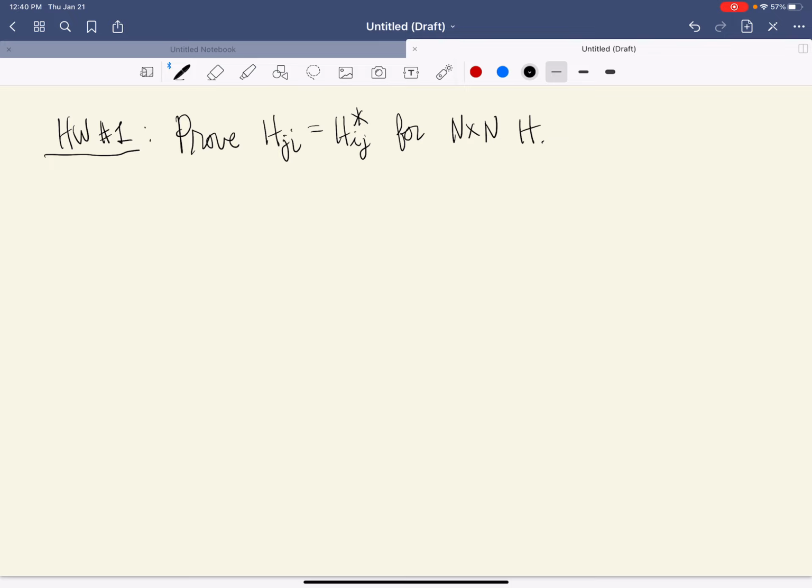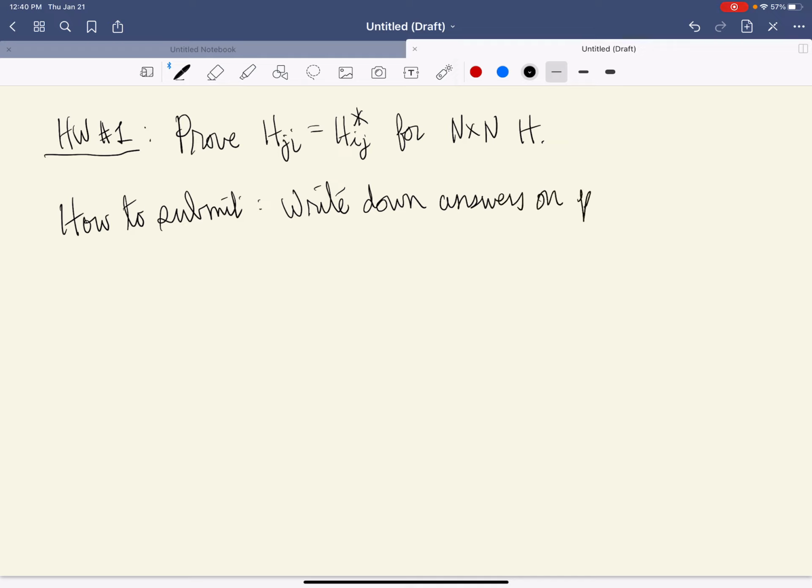Okay, so here's the way you submit your homework. How to submit. Write down your answers, obviously, on a paper. Or if you have an iPad or similar device like me, then you can write down your answers on the tablet, and the tablet will automatically generate a PDF file for you.